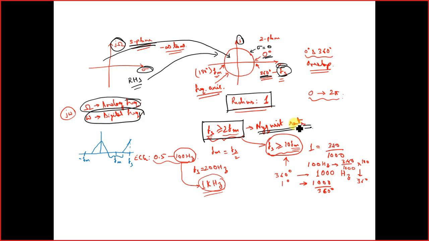So at the limiting condition we will have 180 degree, and in all the textbooks you will find that this point is given as fm, because whenever you design a filter, ideally this fm is the maximum frequency which can be legally processed through digital systems.